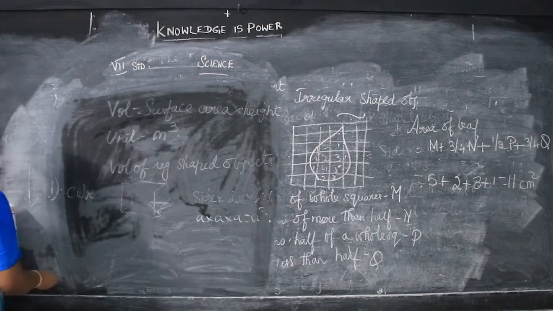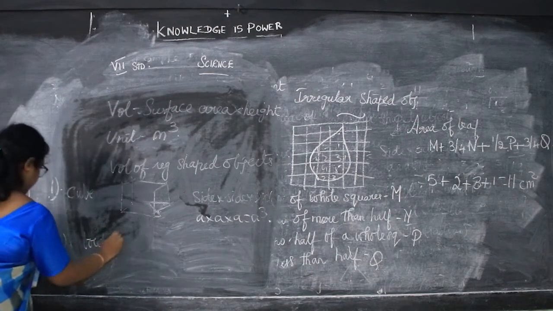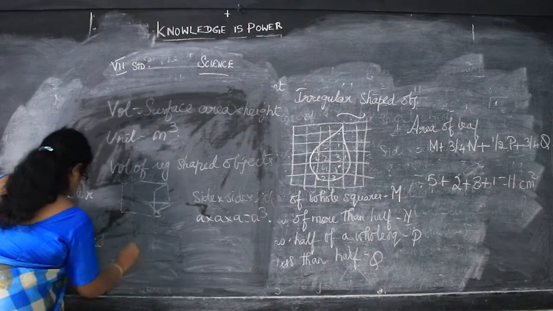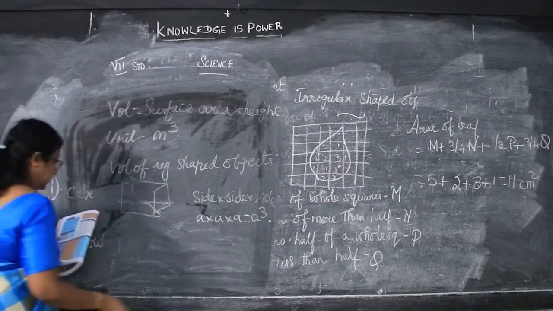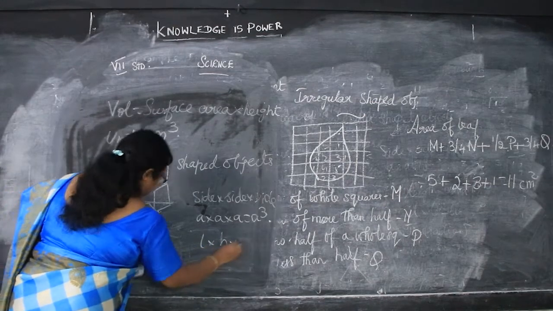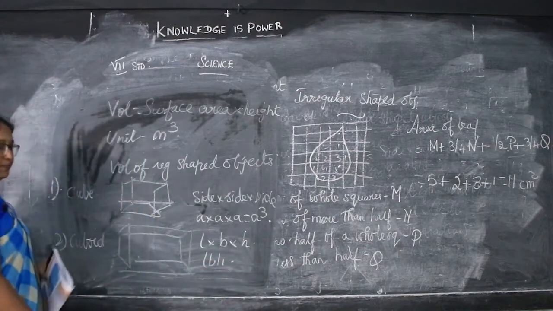Then next is the cuboid, length into breadth into height, that is L into B into H, LBH.